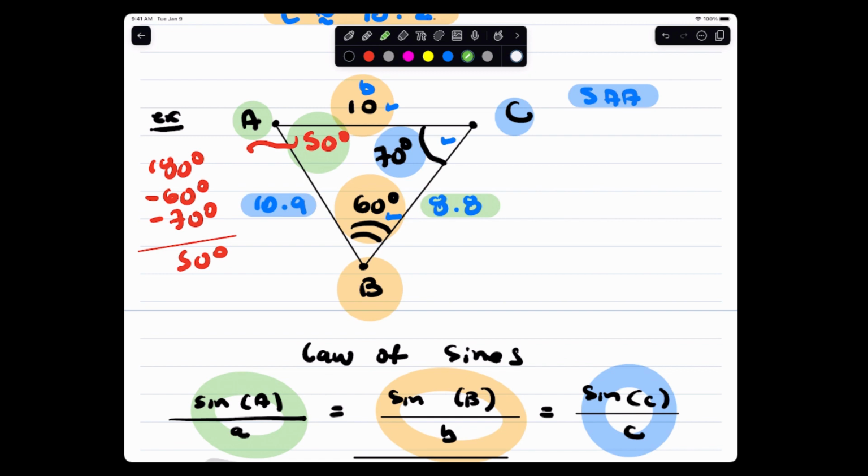Okay, anybody have any questions on that? Was this kind of the stuff we worked on yesterday with those ratios? Okay, because we're going to have another case, what's called side-side angle.